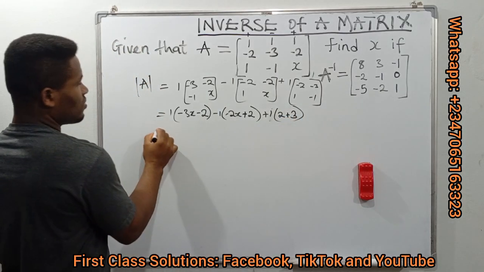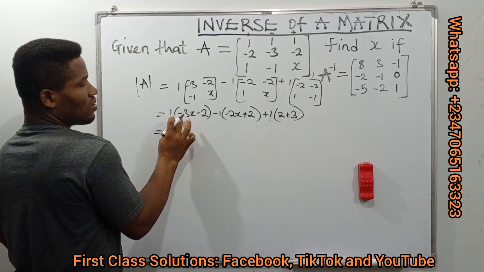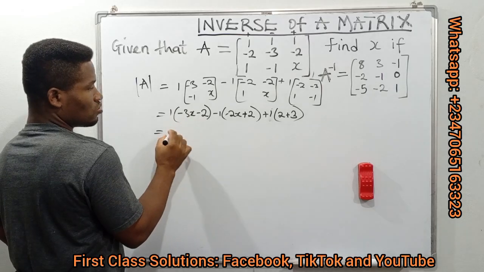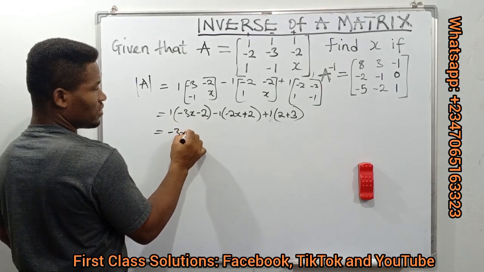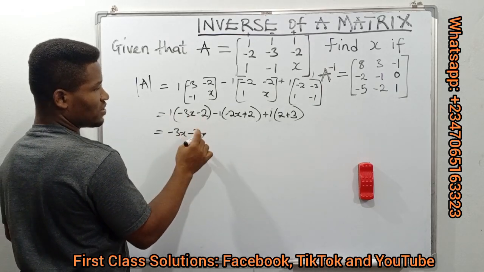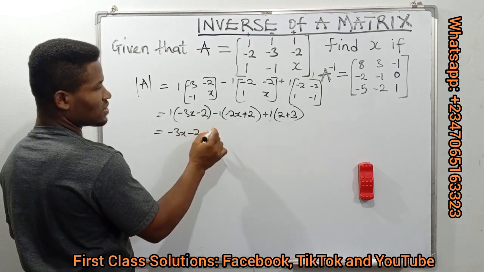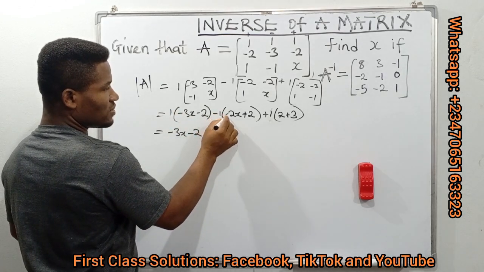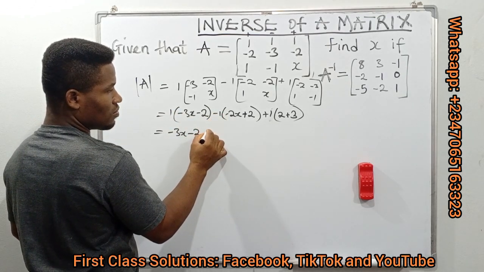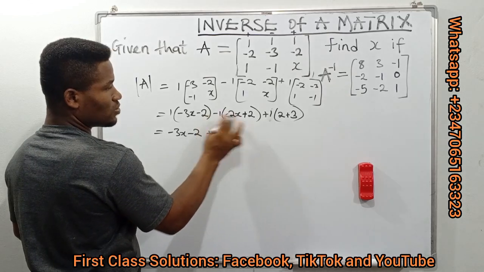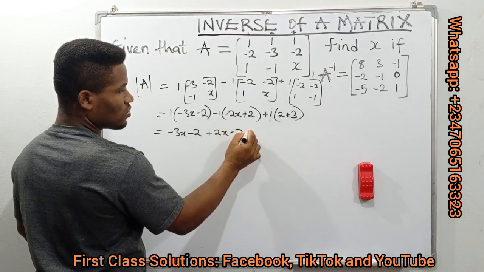So we have our determinant as minus 3x minus 2, multiplied by 1 will still give the same thing. Then 1 multiplied by this gives plus 2x. Minus 1 times this gives minus 2.